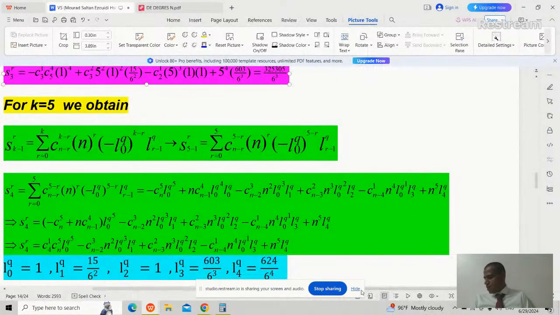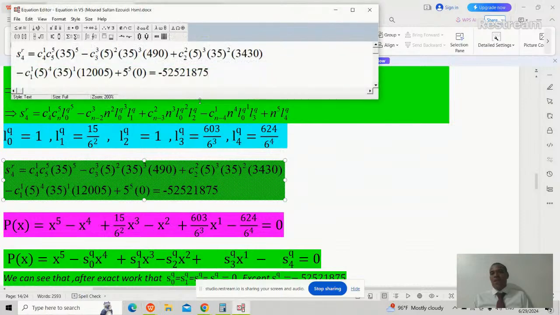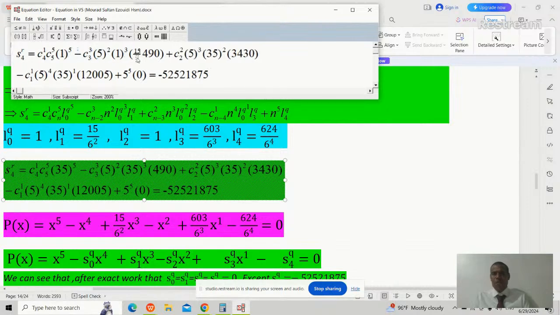After developing the discriminant formula of Mourad Sultan Ezouidi when k equals 5, we get S4 equals combination 4 choose 1 times combination 5 choose 5, which is 1, times 1 raised to the power 15, minus combination 3 choose 3, 5 squared, times 1 cubed because L0 for the q is 1, times 15 divided by 36, or the square of 36. I will write here the square of 36.